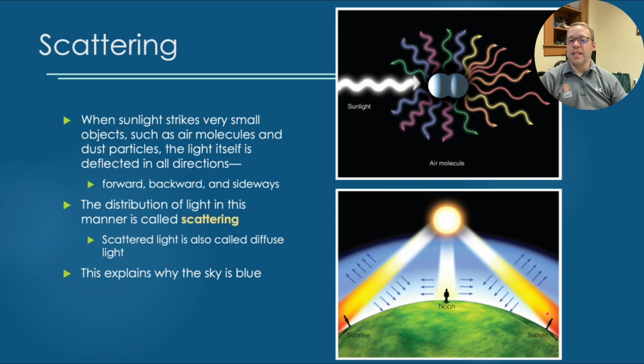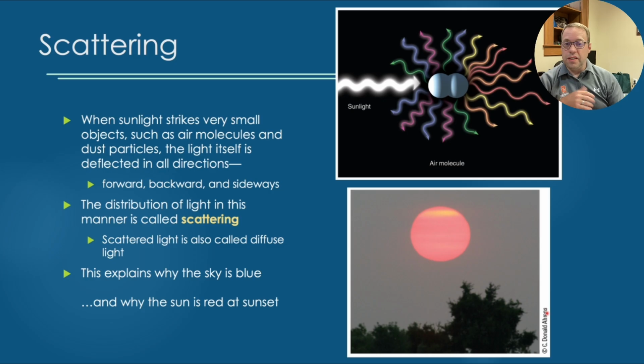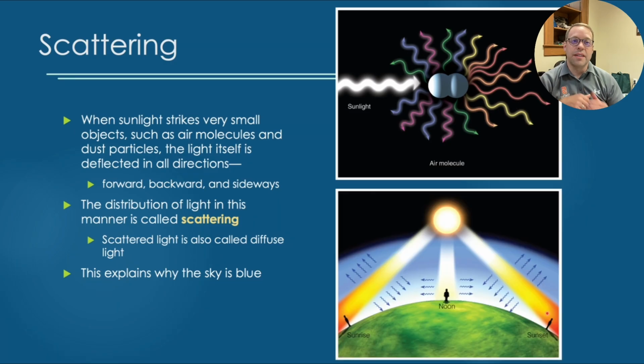This is why you often see a red sunset or a red sunrise. It's because all the blues have been scattered to the side, all the greens, and by this point, many of the yellows as well. There you go. That's just a cool picture of sunset or sunrise where you see the red sun because of the scattering.